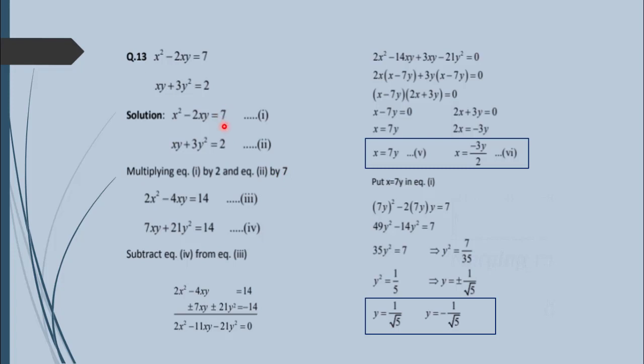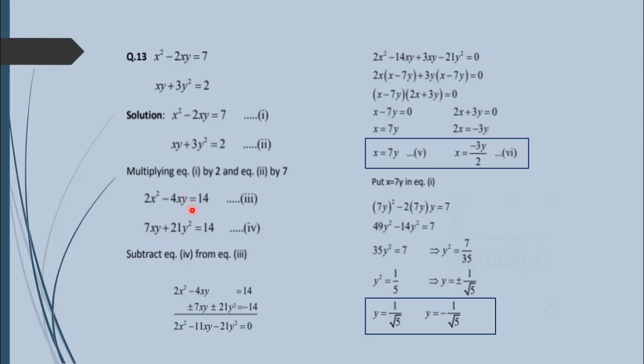We multiplied both the equations in such a way that we cancel the constant terms and get 0. So we get 2x square minus 4xy equal to 14 and 7xy plus 21y square equal to 14.